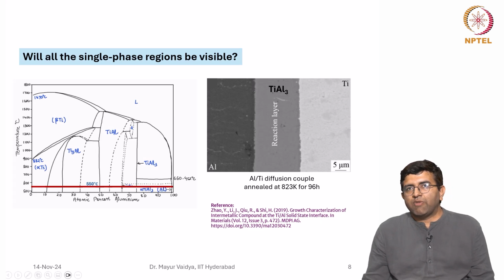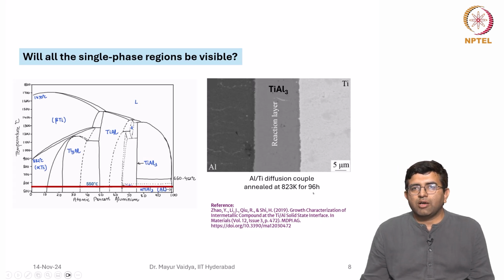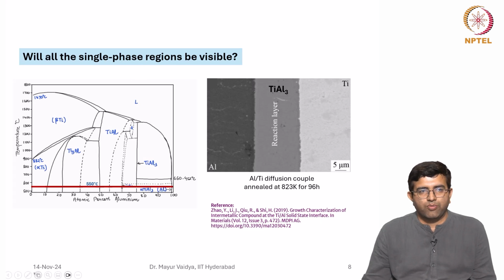No. When you see the diffusion couple that was analyzed at 823 Kelvin after annealing for 96 hours, you have only TiAl3 in the reaction layer. So in the interdiffusion zone, you have only TiAl3 being developed. And this tells us that all the single phase regions need not be visible.